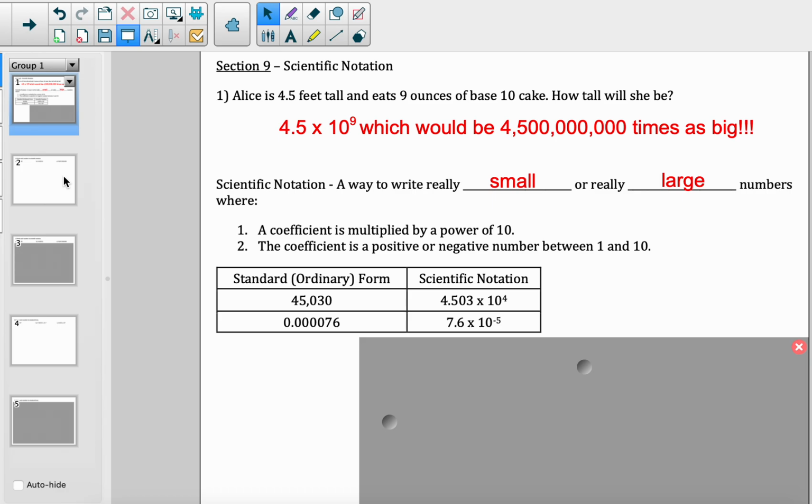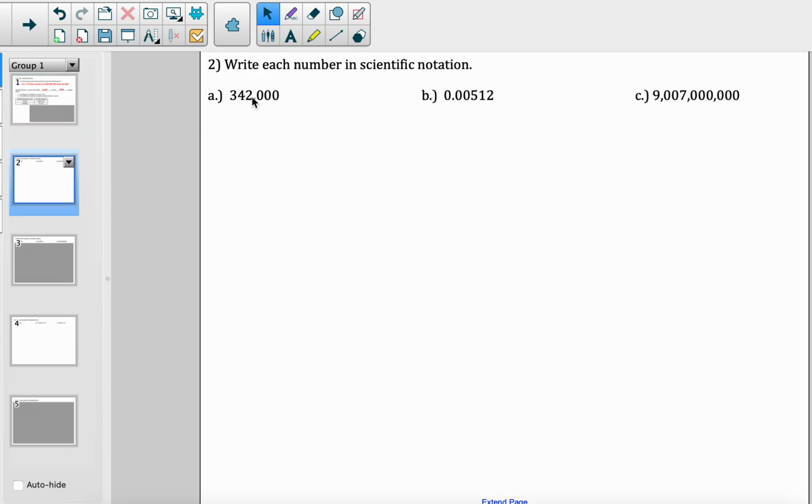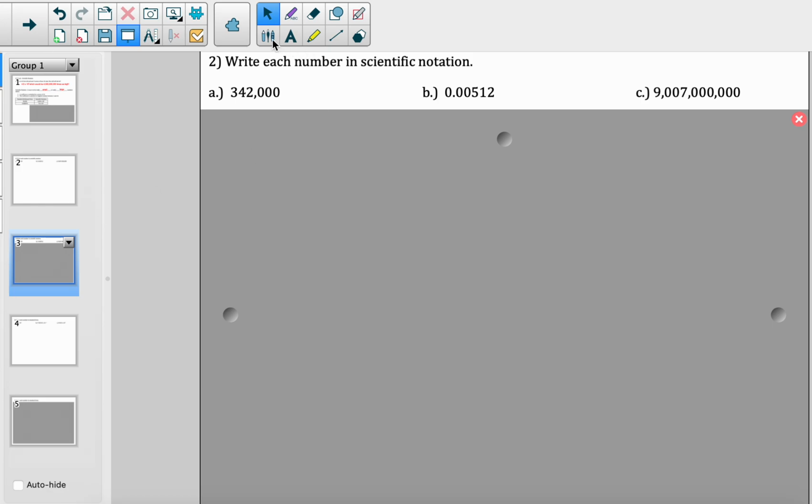So we're going to go through some examples converting back and forth between standard form and scientific notation. These three numbers here are in standard form. We're going to write them in scientific notation. To do that, we need to know where our decimal place is starting. This number here starts with the decimal, when it's not shown, obviously over here on the right.